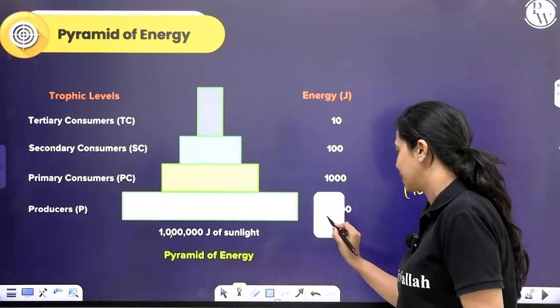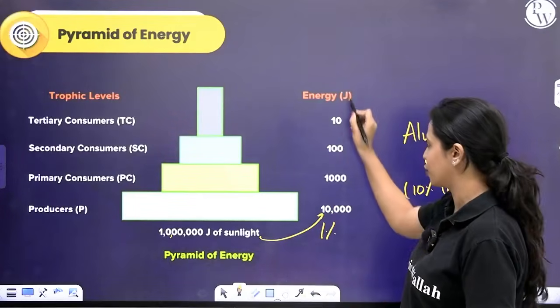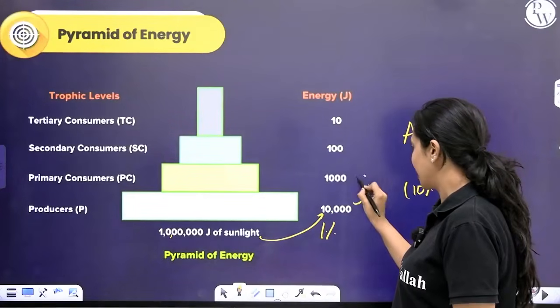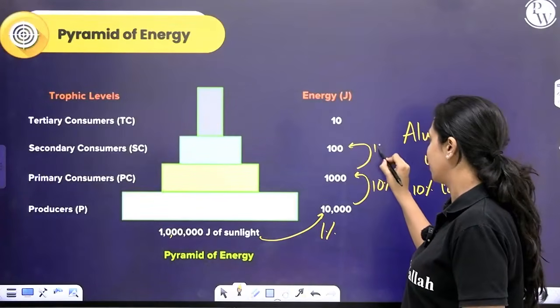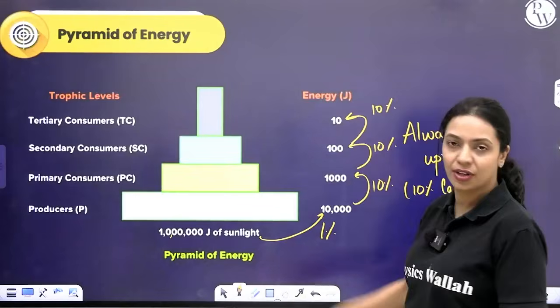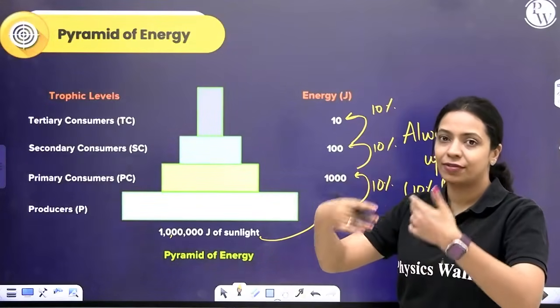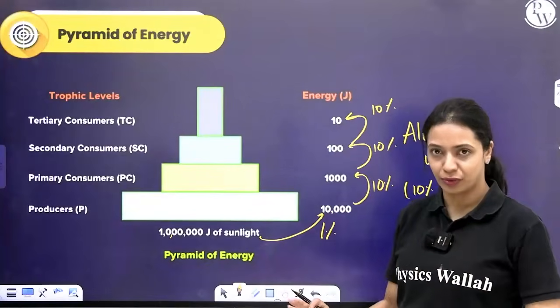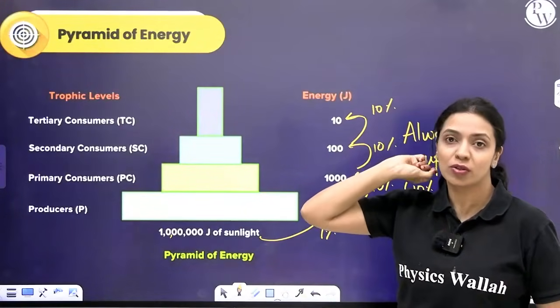Roughly about 1% of it is utilized by plants. There is 10,000 joules of energy. 10% of that is transferred to the primary consumers, 10% of it to the secondary consumers, 10% of it to the tertiary consumers. Therefore, the next trophic level will always have less energy compared to the previous trophic level. That is the reason why the pyramid of energy is always going to be upright.